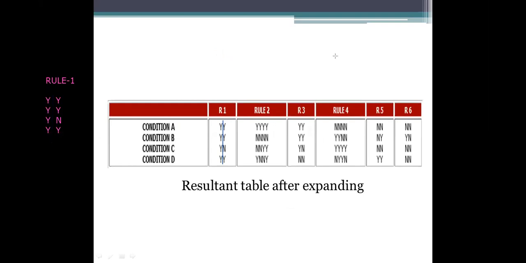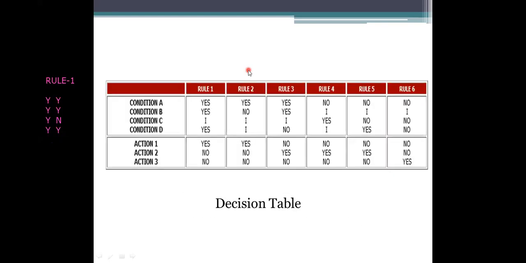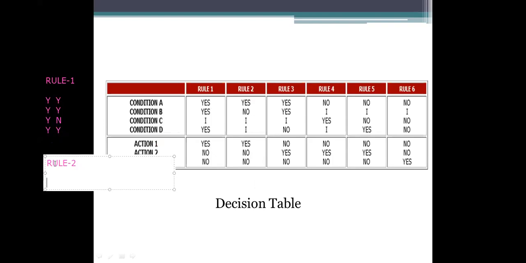Coming to the next one, which is rule 2. Go to the previous slide. Here, what do I have to write? I have to write rule 2. What are the values here for rule 2? For A, it is yes. For B, it is no. There is no change here.